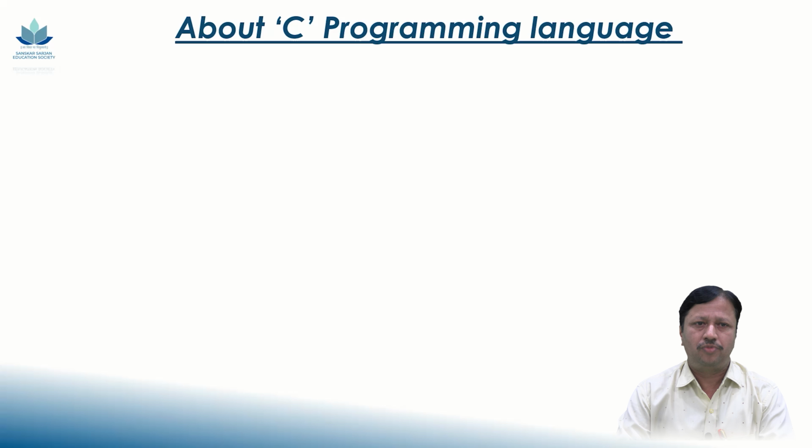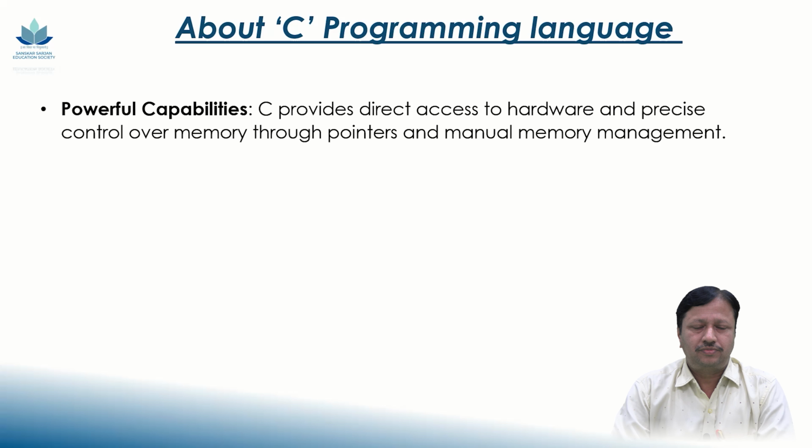C programming has powerful capabilities. C provides direct access to hardware and precise control over memory through pointers and manual memory management. This low-level access enables developers to write highly efficient programs, making C ideal for system-level and performance-critical applications.